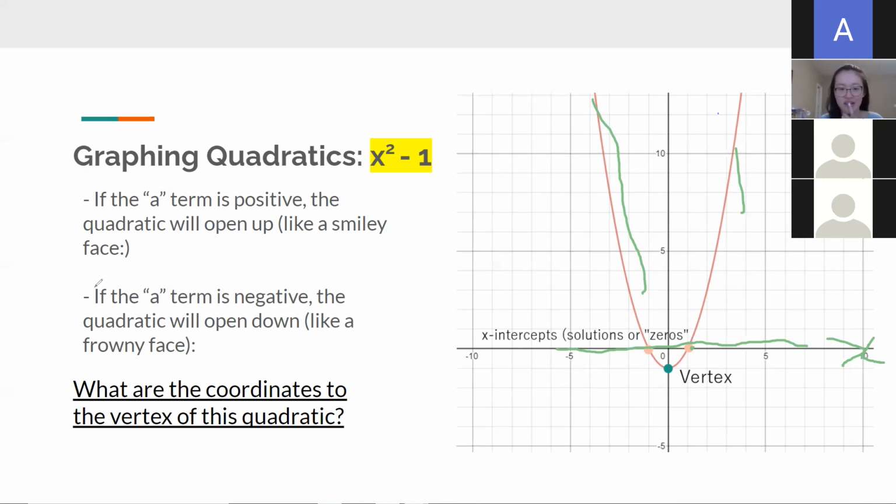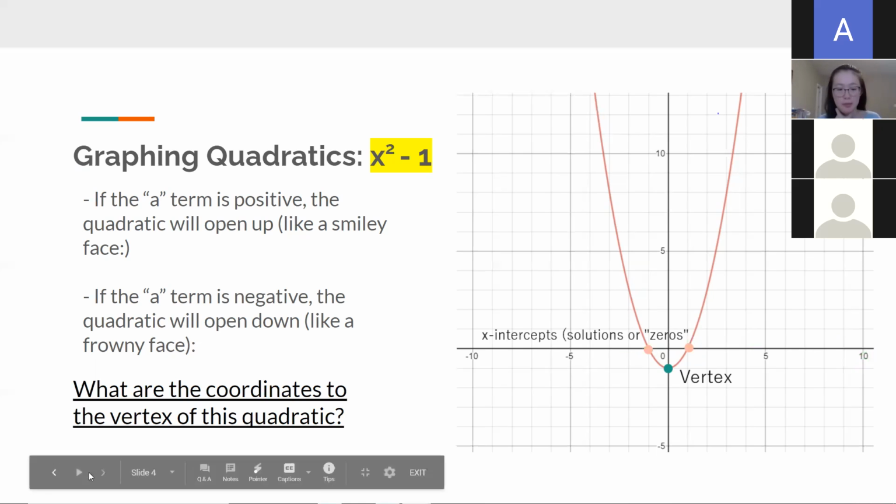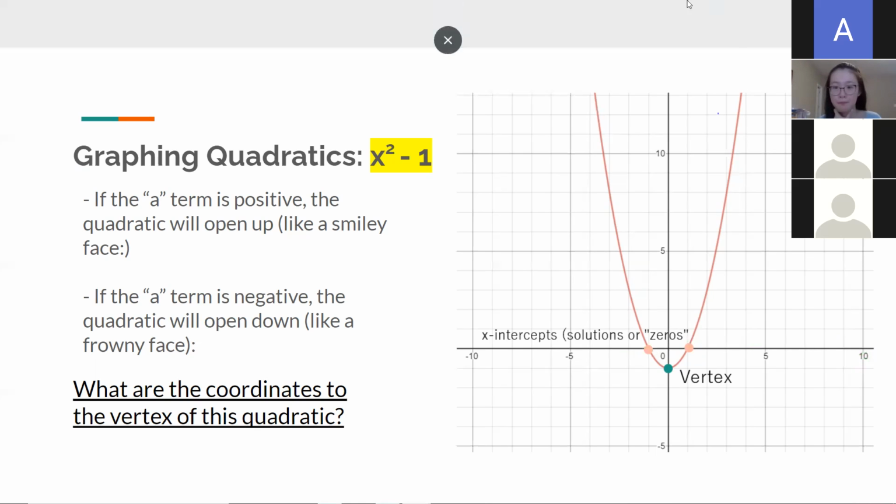Yeah. So do you guys see where the solutions are for this quadratic? Is it where those pink dots are? Yeah. Okay, so the left one is on -1 and the right one is on 1. That's correct.